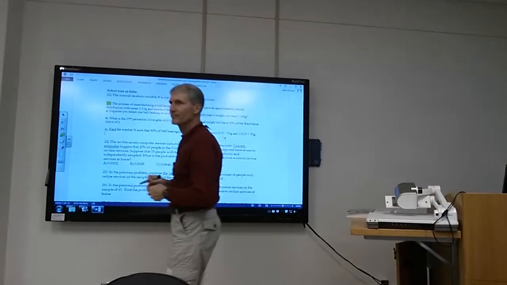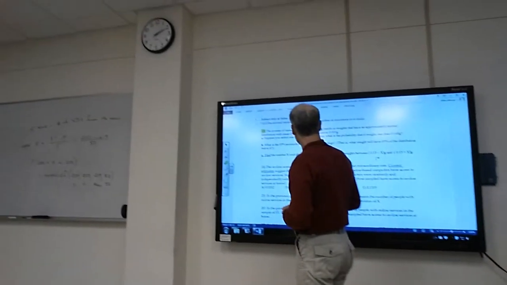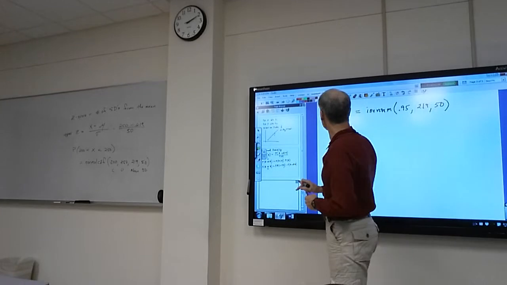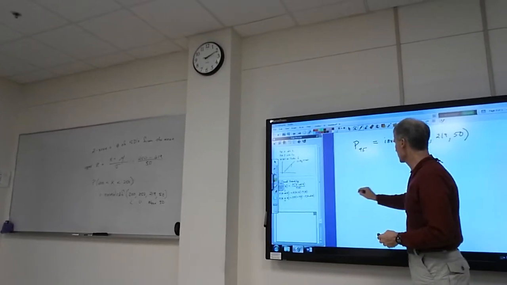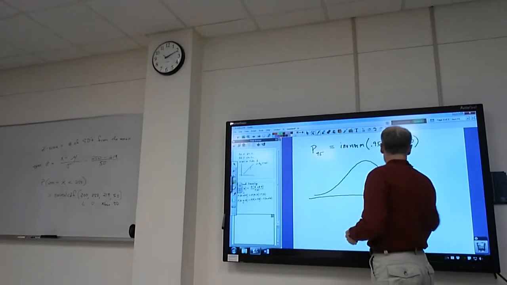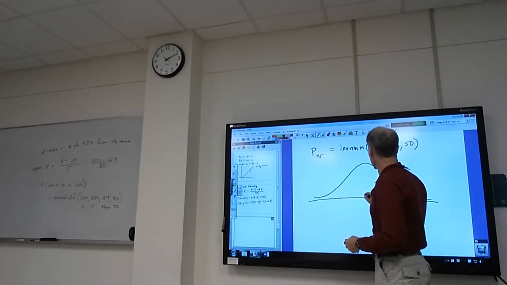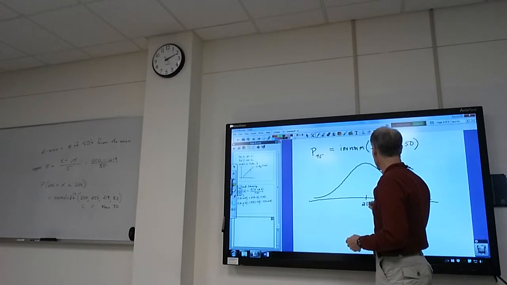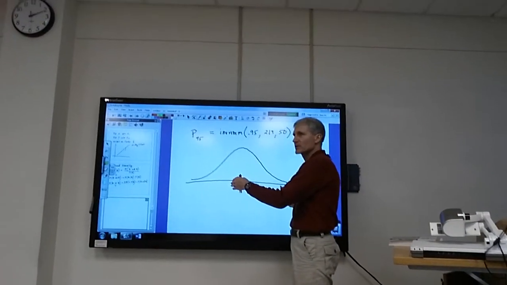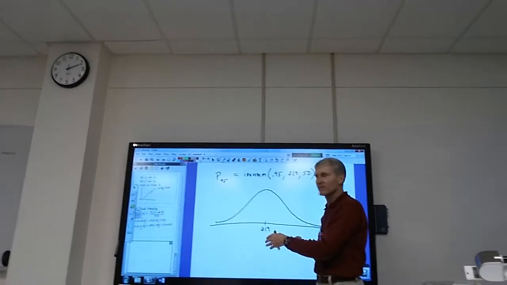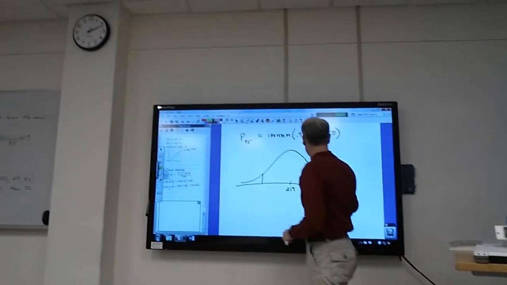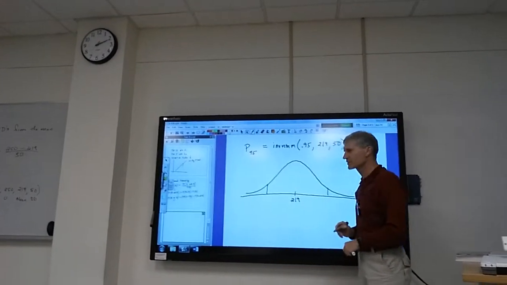But you just want 5% on each side, right. We want 90% total. So let's do it with the cholesterol data instead of that problem, since you're supposed to work it on your own. I've got a normal distribution. It's centered at 219, and it says we want 90%. I want two values such that 90% falls between those two values. So just eyeballing it, 90% of that area under that curve looks like it's about there.